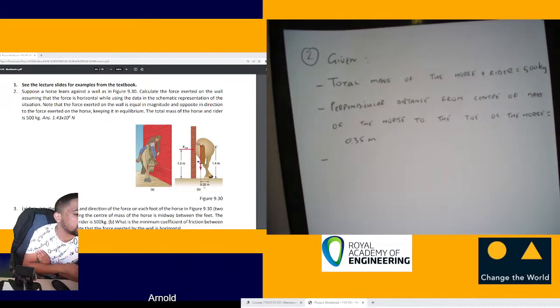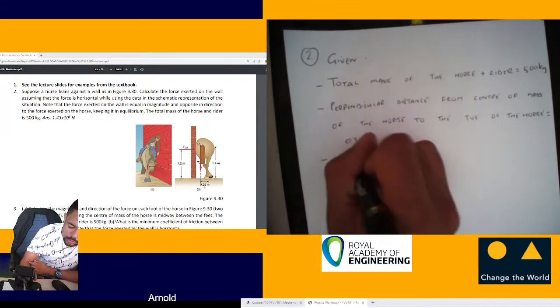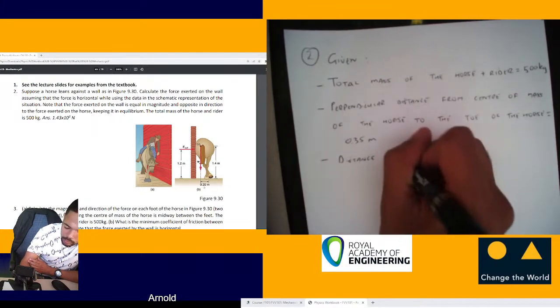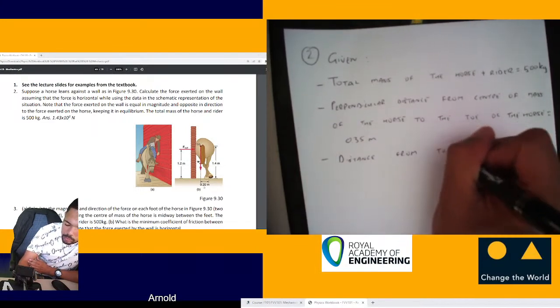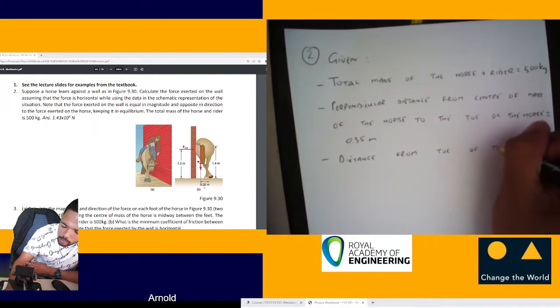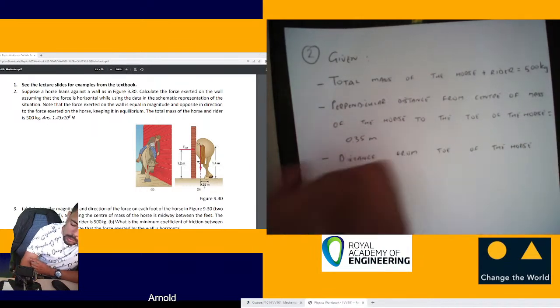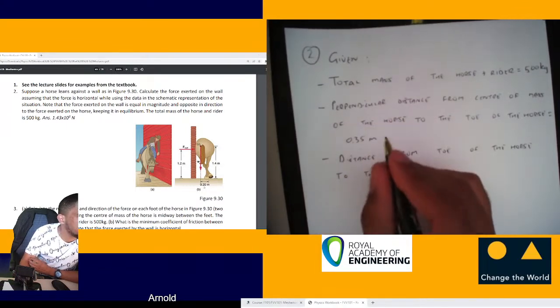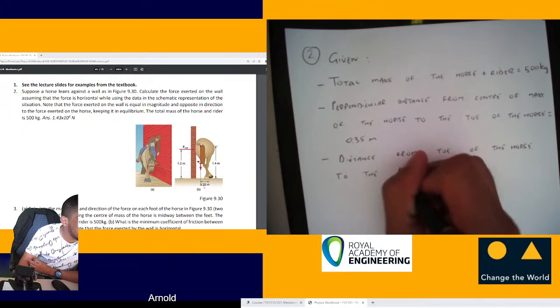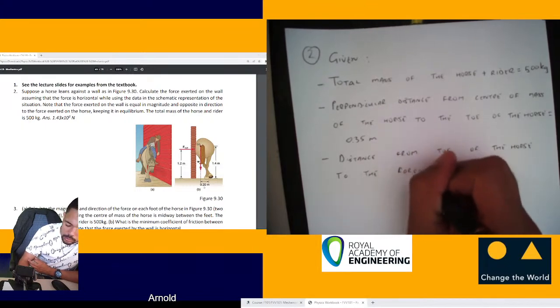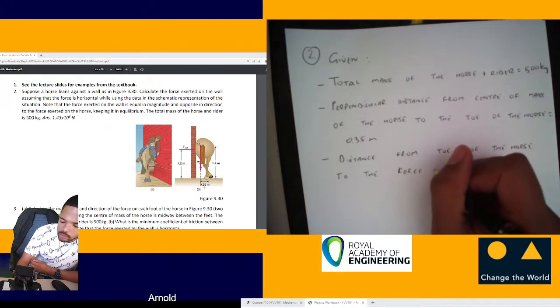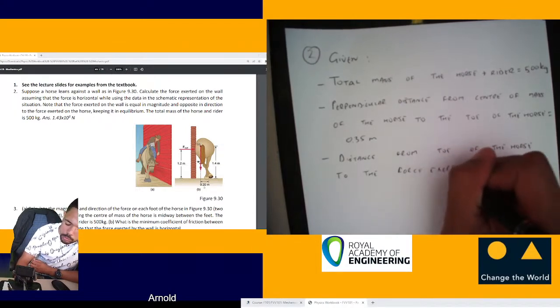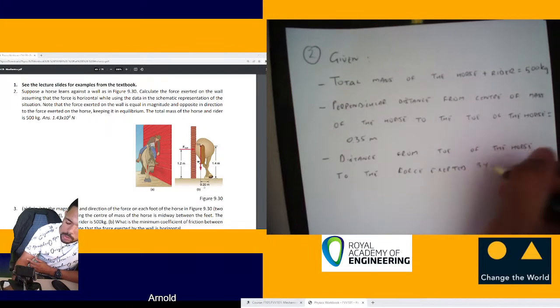The distance from the toe of the horse to the force exerted by the wall.